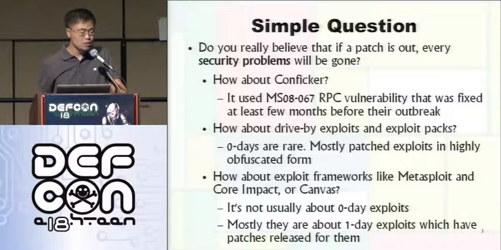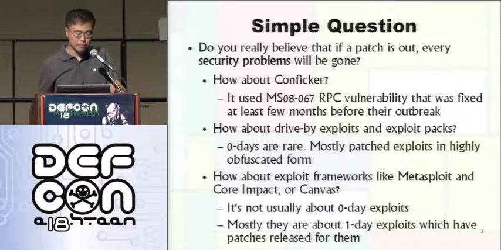So even though the patch was out, a lot of people didn't patch for some reason, and Conficker infected more than 8 million computers over the world. And how about the drive-by exploits? They usually include one-day exploits, the exploits that have patches. But there are some 0 days, but they are very rare.